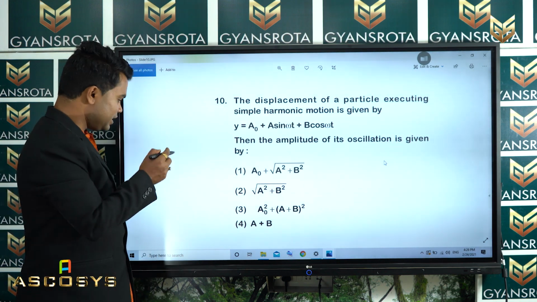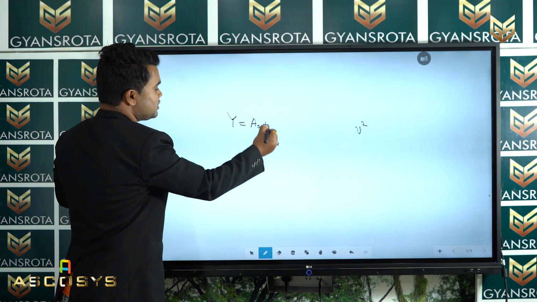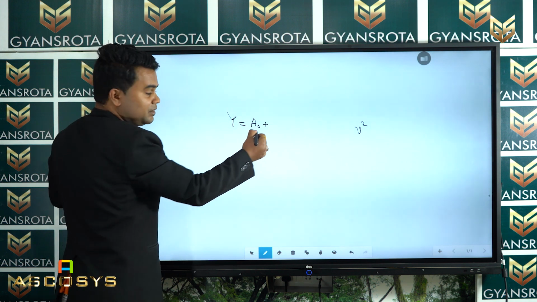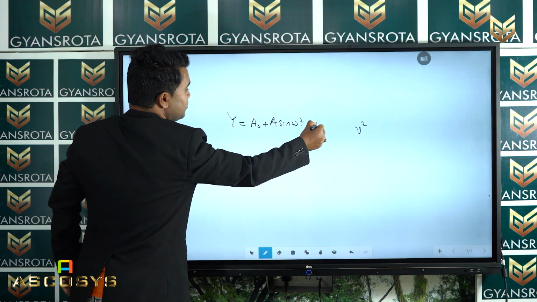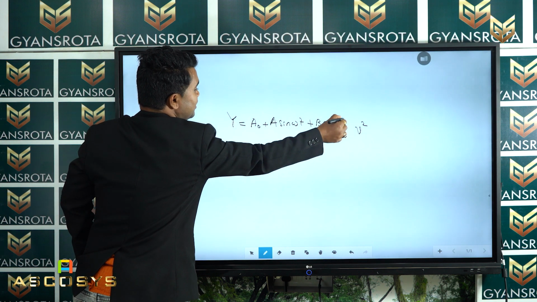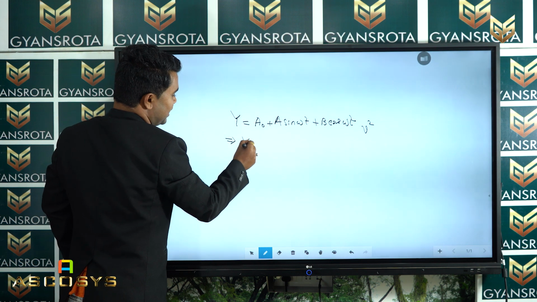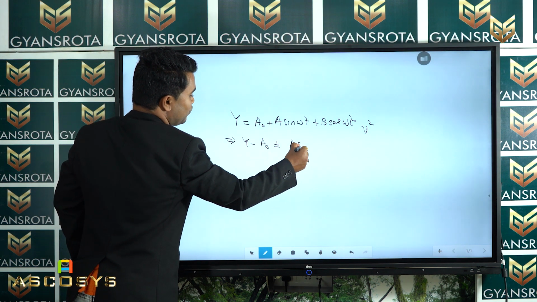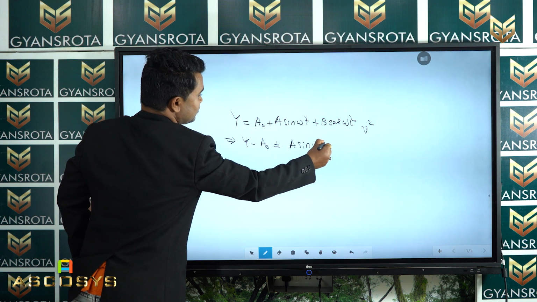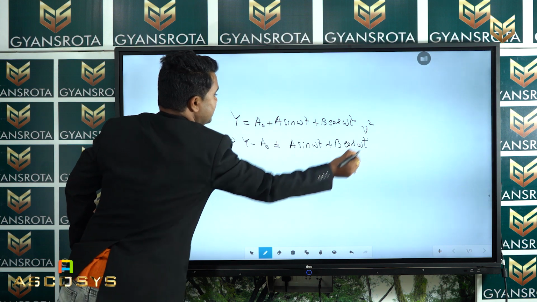You just have to write y equals a naught plus A sin omega t plus B cos omega t, which can be written as y minus a naught equals A sin omega t plus B cos omega t.